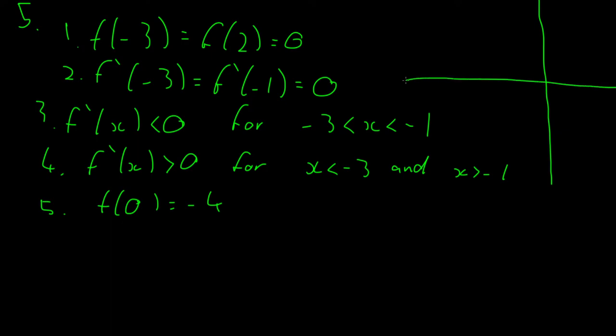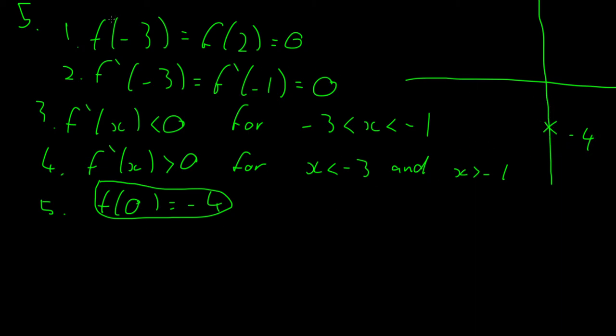So, I'll draw this. The first bit of information that I think it's easiest to use is f(0) equals minus 4. What that means is when this function is evaluated at x equals 0, the y value is minus 4, so we've got our y-intercept.